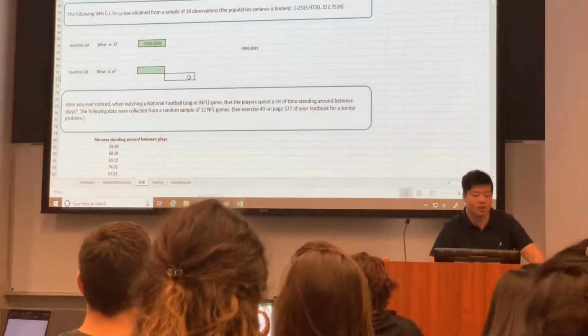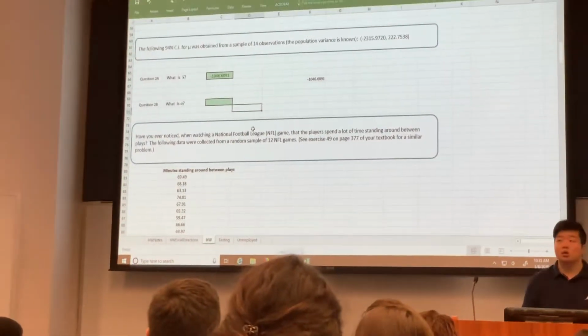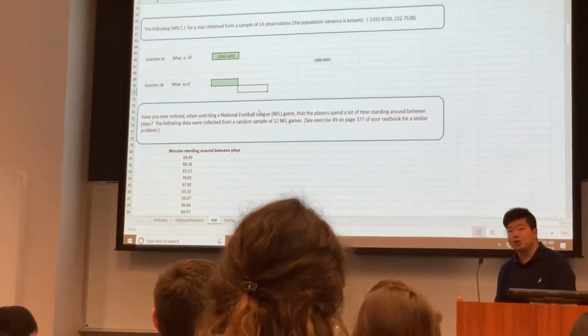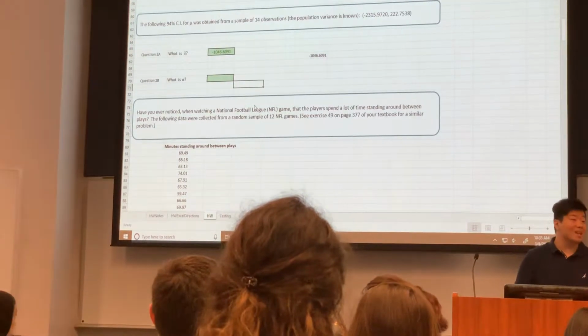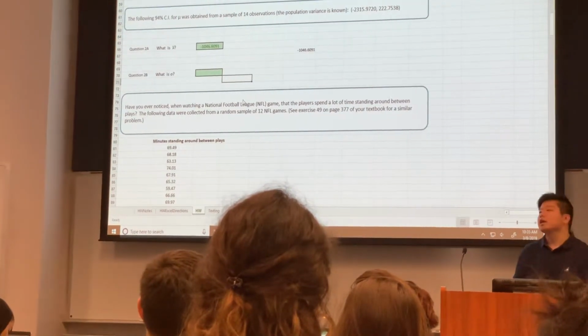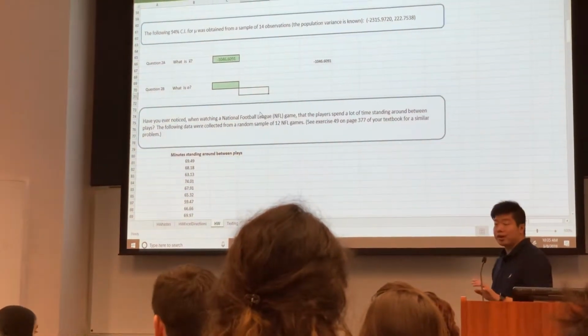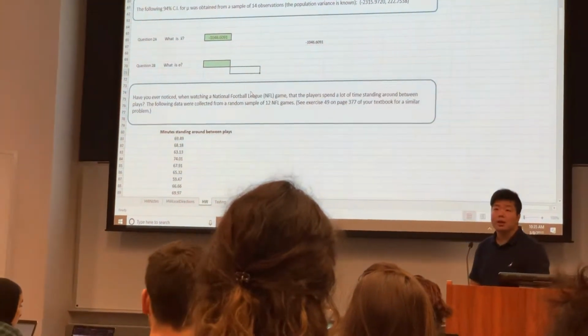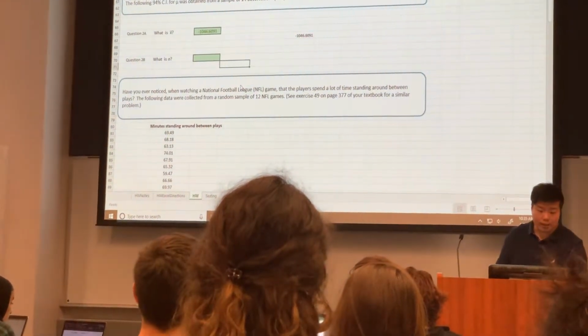Question 2b, what is my sigma? Sigma means population standard deviation. It's not population variance, it's population standard deviation.